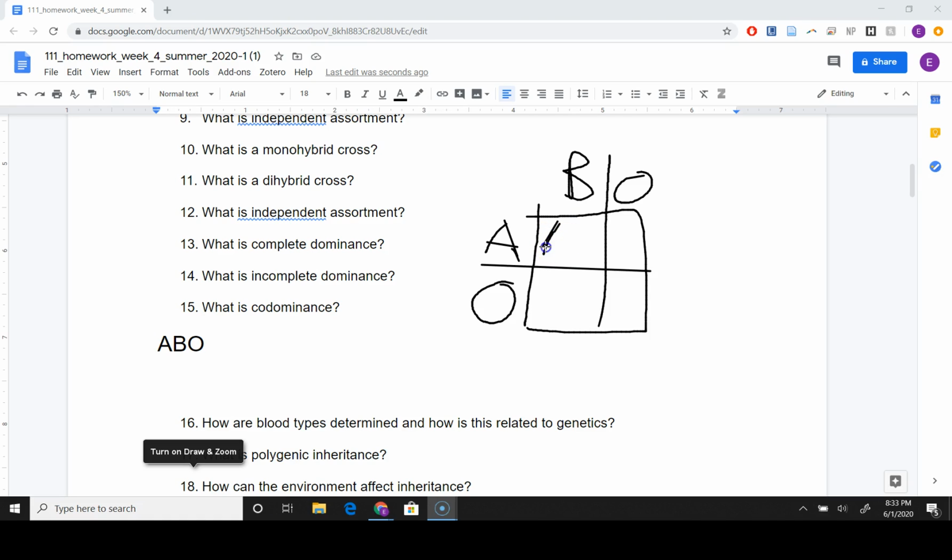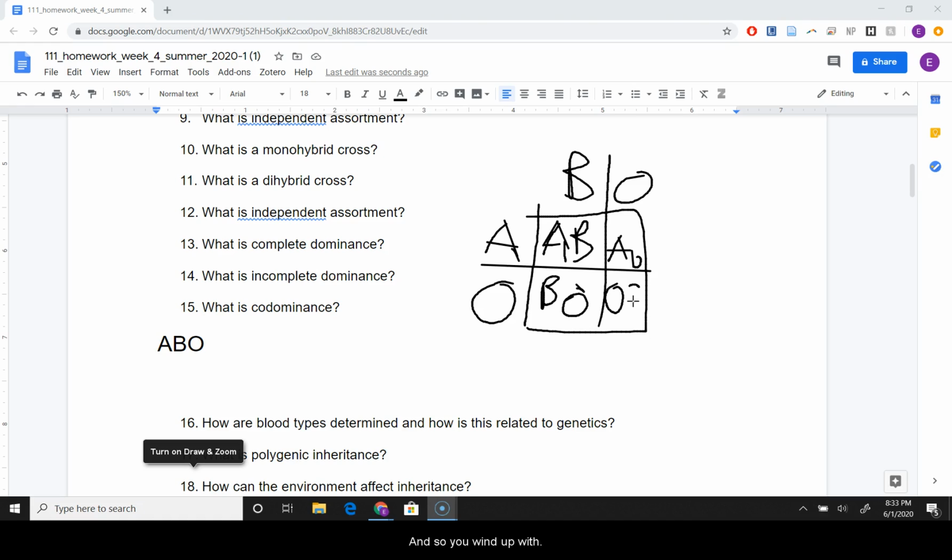Well, they can have a kid that is AB, a kid that's type B, a kid that's type A, or a kid that's type O.